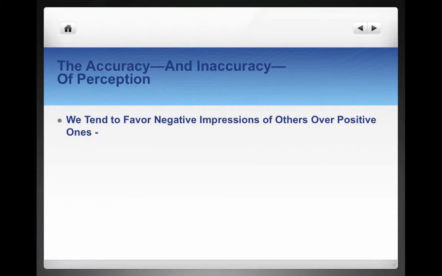Okay, so we talked about how perception is formed and influences on perception, and let us now discuss common tendencies in perception, the accuracy and the inaccuracy. We attribute meaning to our own actions and to the actions of others, but we do it differently. That's very funny.